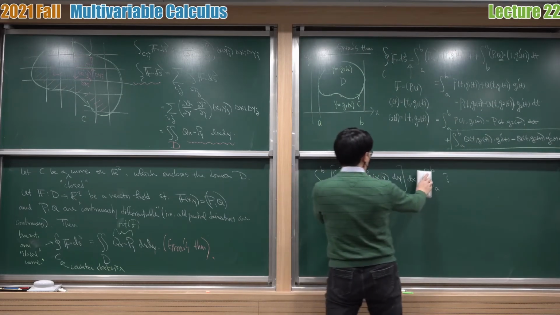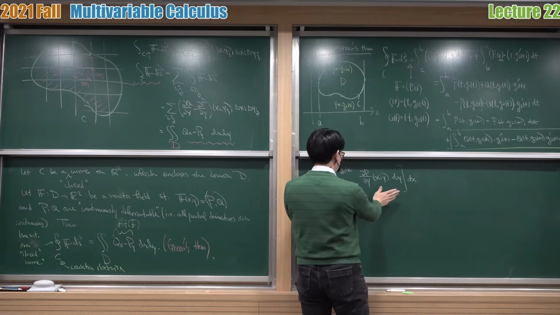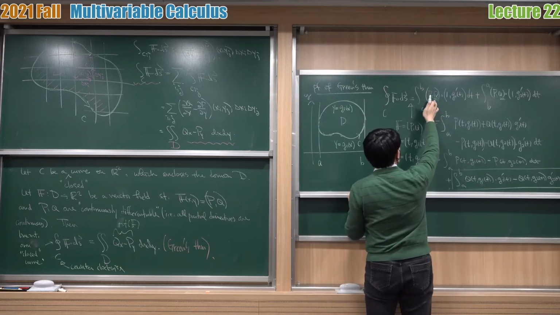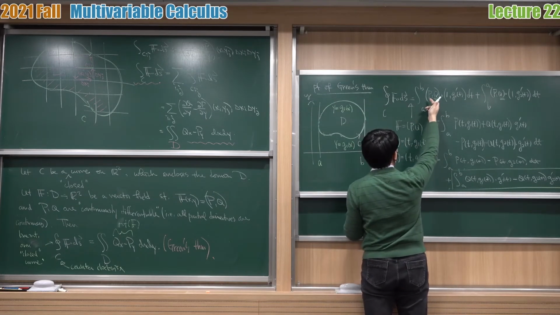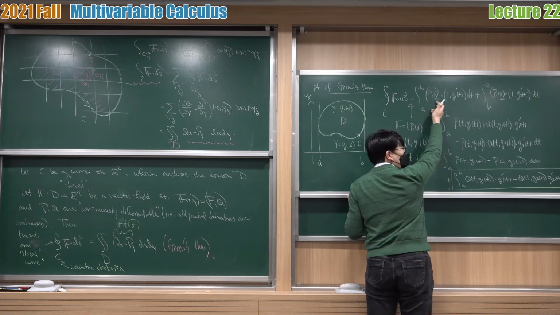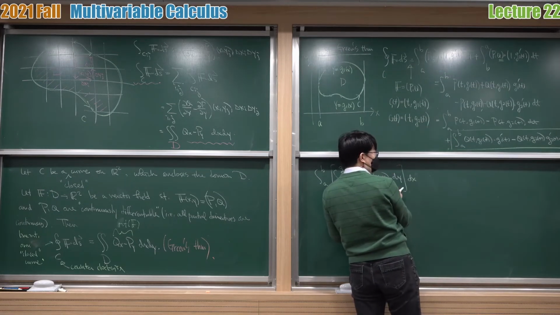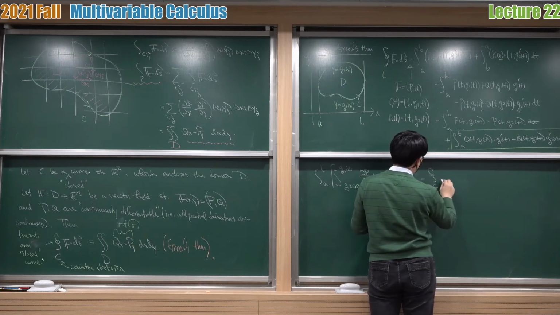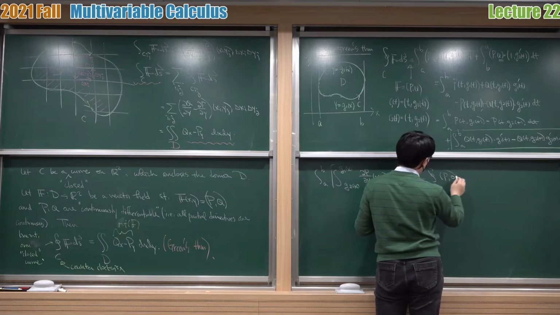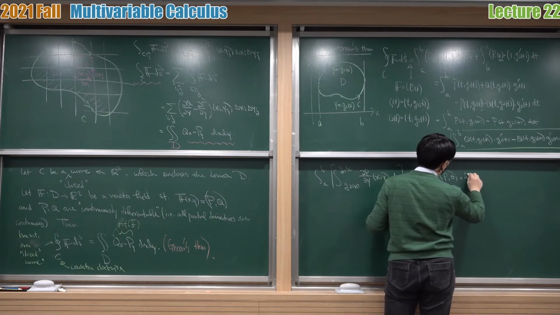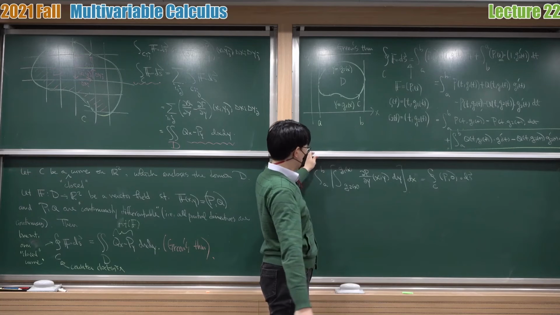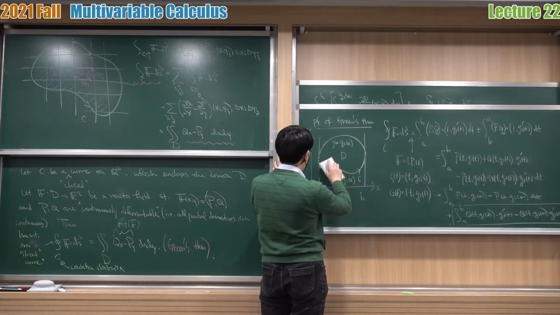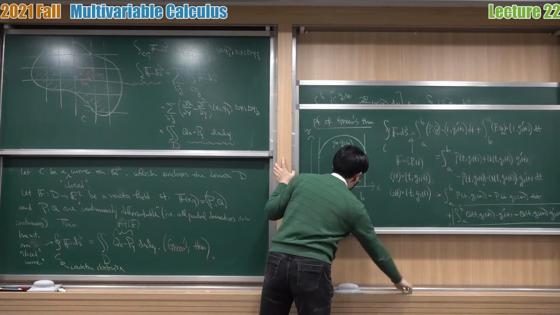So I could have obtained this part if I used my vector field as p, 0 instead of p, q. I could have just this as a result. So this is equal to the line integration of the p, 0 vector field over the curve S. Okay, and then I'm going to make a very convex shaped curve here.